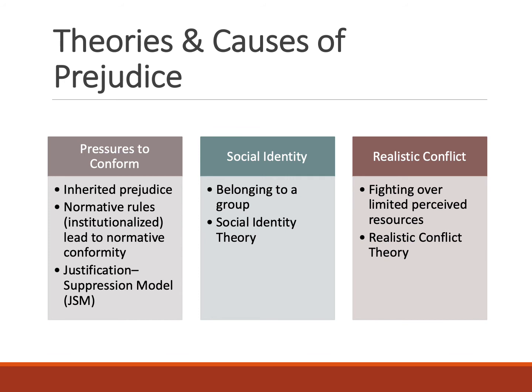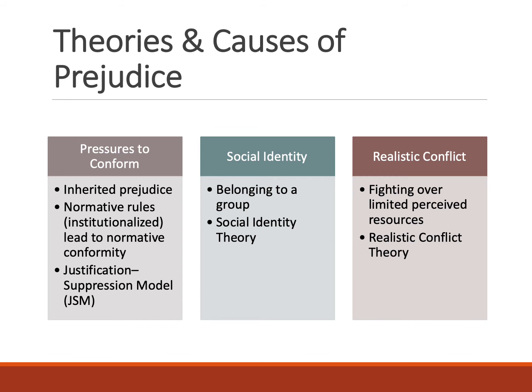So normative conformity is when we are prejudiced because that's the norm, and so we're just going along with the norms. The justification suppression model, we're going to talk about what that is in just a minute, and how that relates to the pressures to conform, okay?